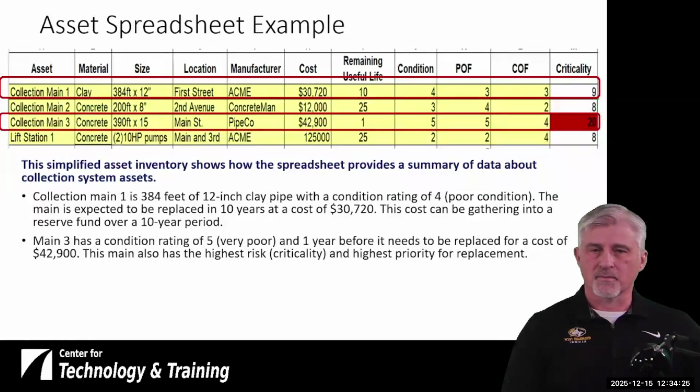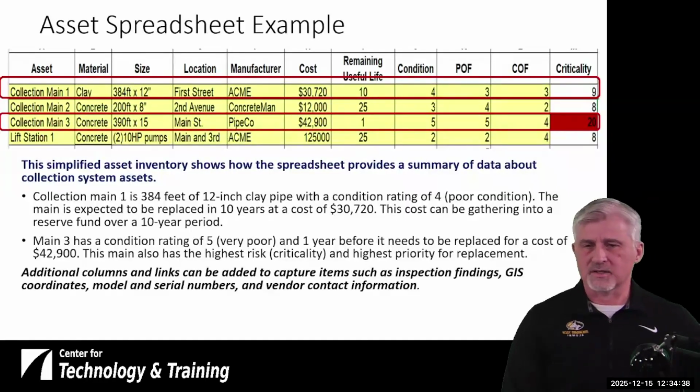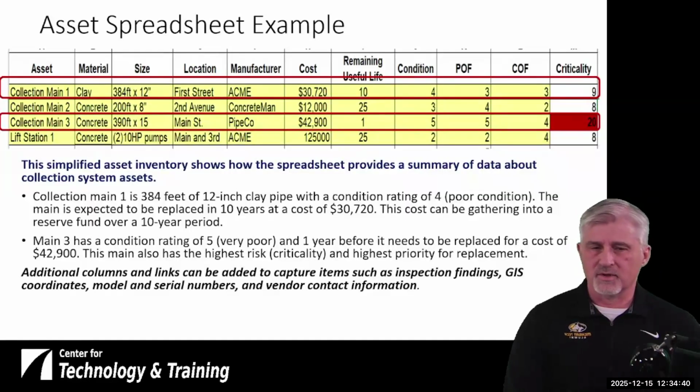The other thing with that is that we only have 1 year to get that $42,900 saved up. And you could add additional information. There's other stuff that you could have in this.